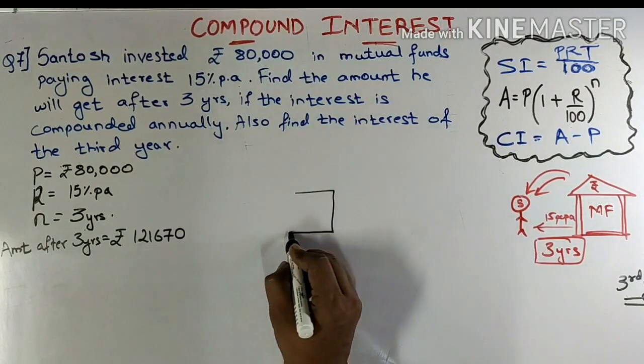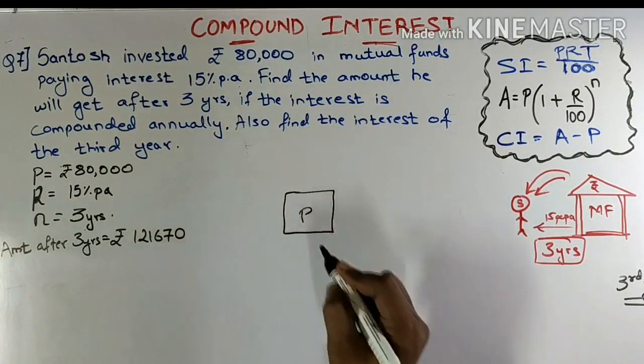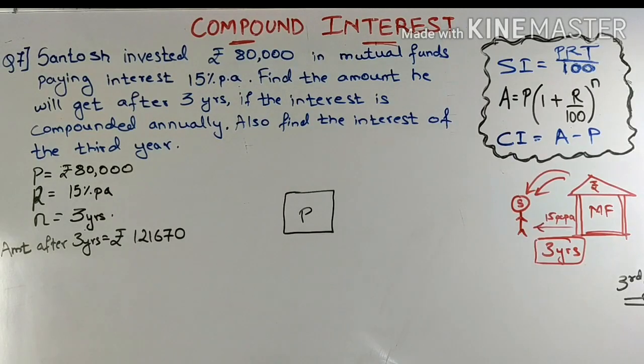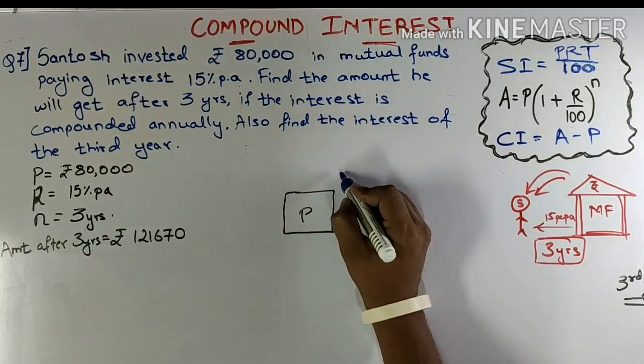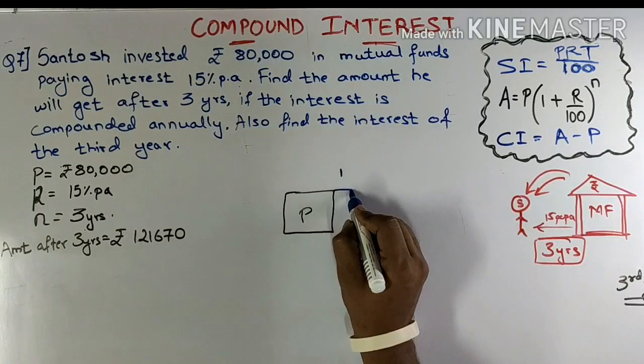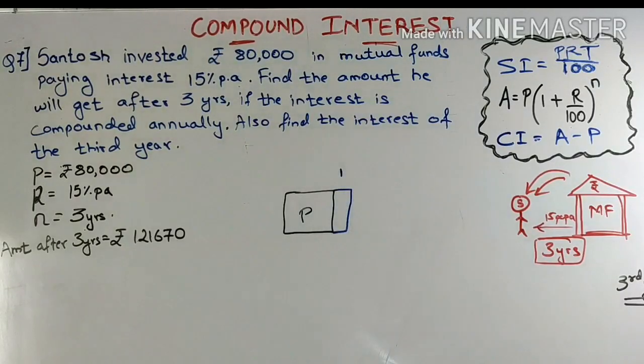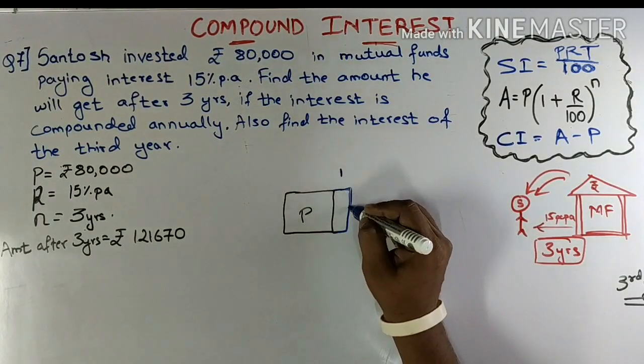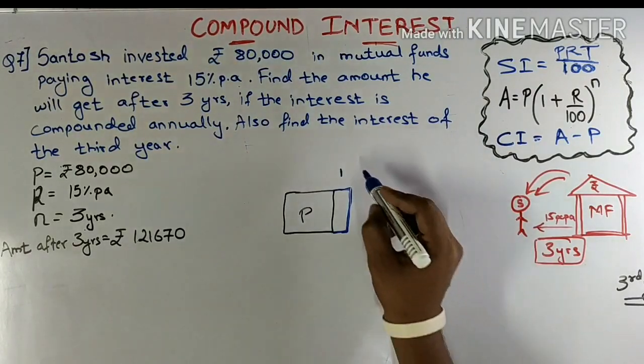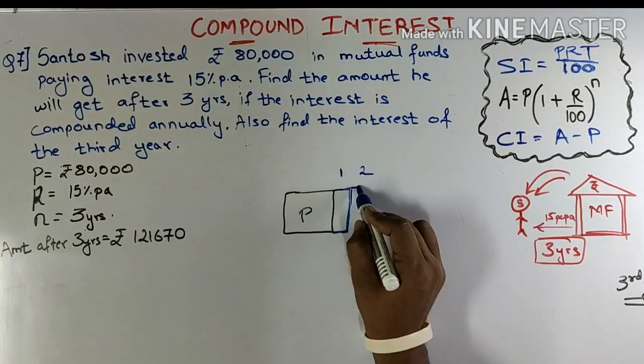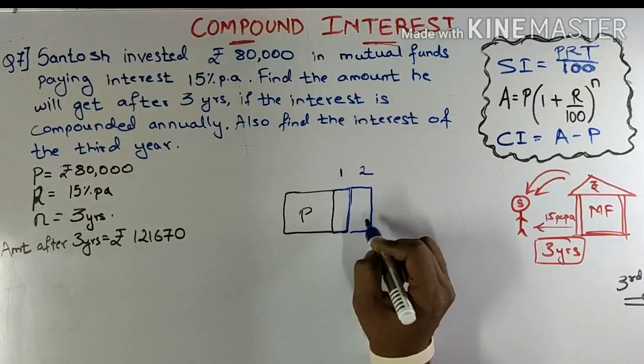If this is the principal amount which Santosh had invested, at the end of first year, this much is the interest. At the end of second year the interest will slightly increase.